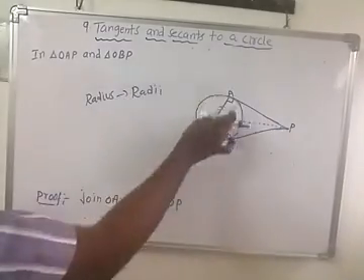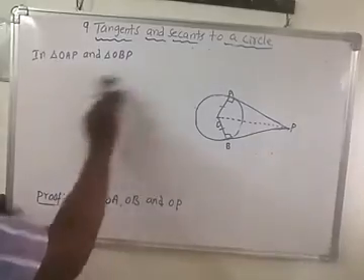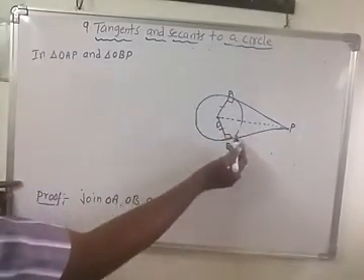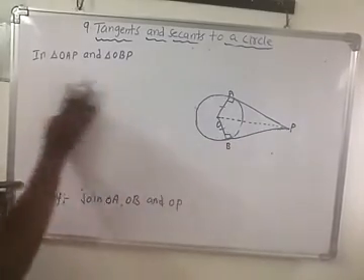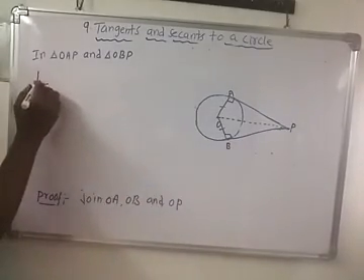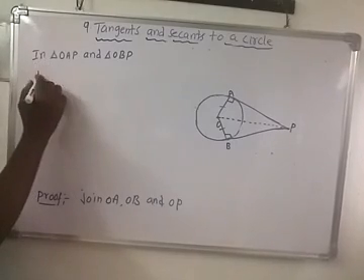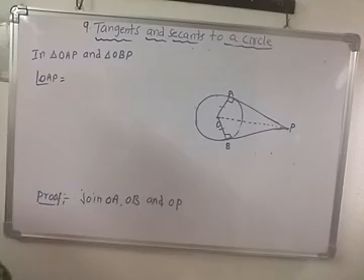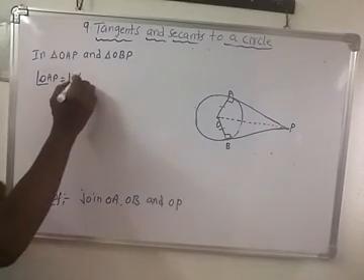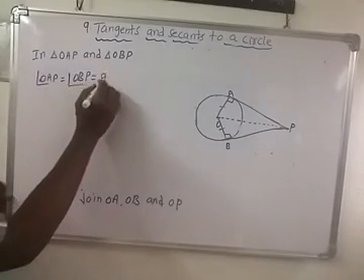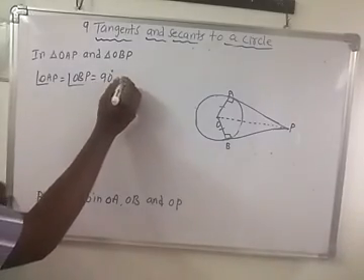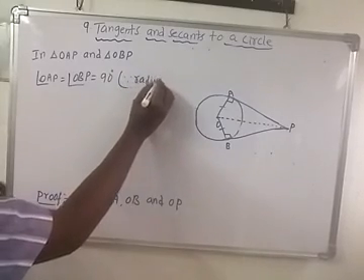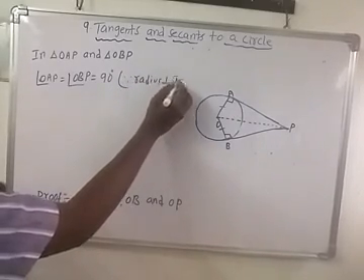Angle OAP is equal to 90 degrees and also angle OBP is equal to 90 degrees, because the radius is perpendicular to the tangent.